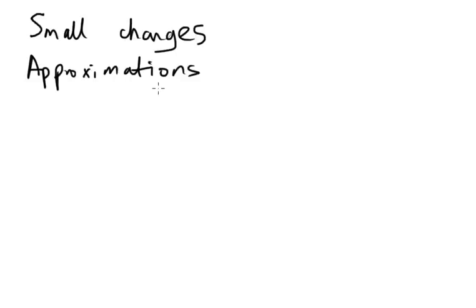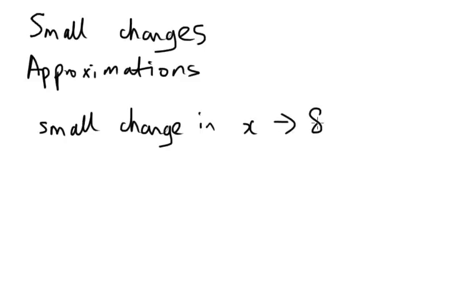Well, what do I mean here? Let's have some examples, it will be easier. But before that, we have to become familiar with some notation. If we say small change in x, it means delta x.